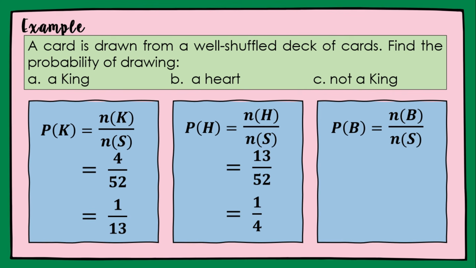Therefore, n of B is equal to 48. So substitute this in our formula. We have 48 over 52 or 12 over 13. So the probability of drawing not a king is equal to 12 over 13.